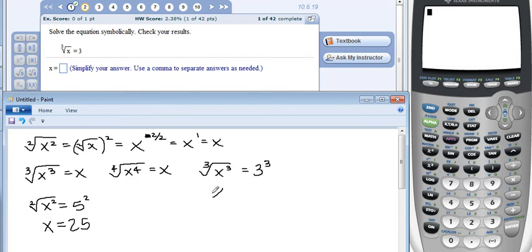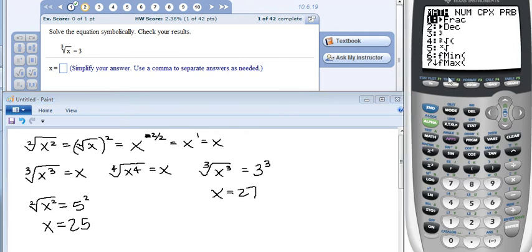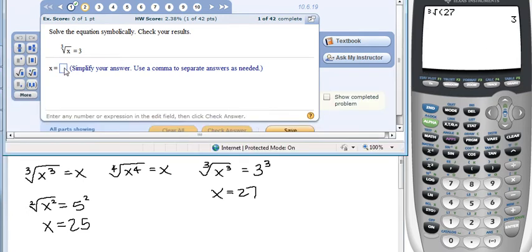Cube root of a cube is itself, that's 27. Is the cube root of 27 3? Well, sure it is. Let's just take a look at it real quick. We're just going to remind ourselves what's going on here. Yeah, cube root of 27 is 3. Check our answer, continue on.